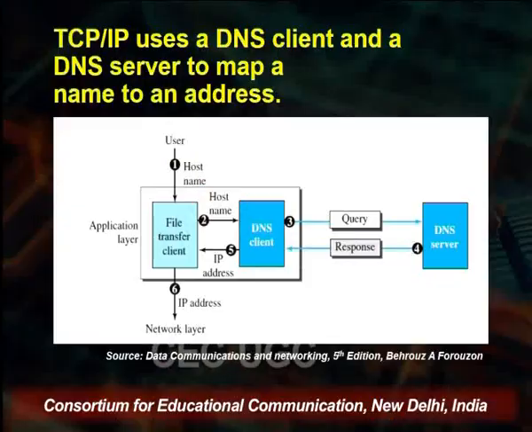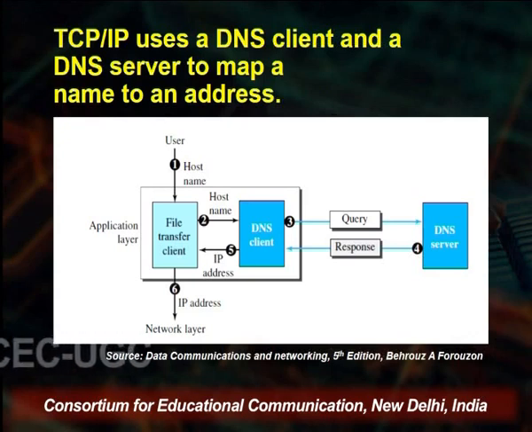If you look at this diagram, it shows that the TCP/IP protocol will use a DNS client and a DNS server to map a name to an address. This is a 6-step process. In the first step, the host types a domain name which goes to the file transfer client.